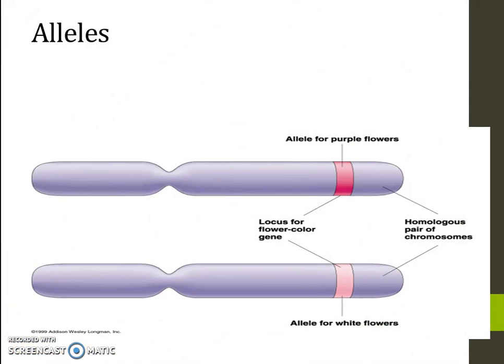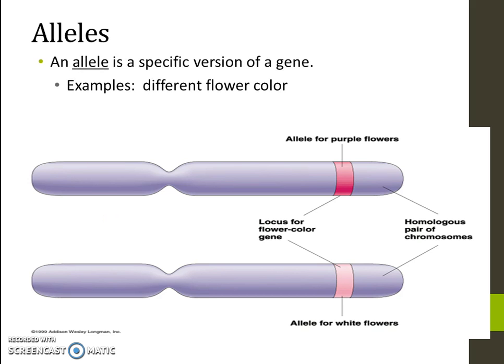Alright, so this word may be new to you. Allele. So an allele is a specific version of a gene. So I've kind of alluded to this before. So here in this picture you can see you have a set of homologous chromosomes. In our cells in particular, we have 23 pairs of homologous chromosomes to give us a total of 46 chromosomes.